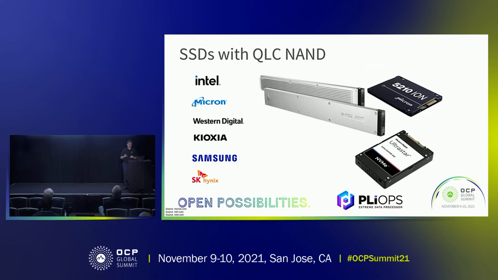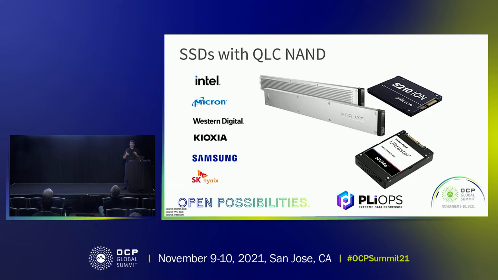Now, QLC NAND is already mainstream. Intel, Micron, Western Digital, Kioxia, Samsung, SK Hynix either already have a QLC-enabled drive or plan to have one soon. Enterprise QLC SSDs are already available in various form factors, E1.L, U.2, SATA 2.5 inch, for easy adoption into your current systems.